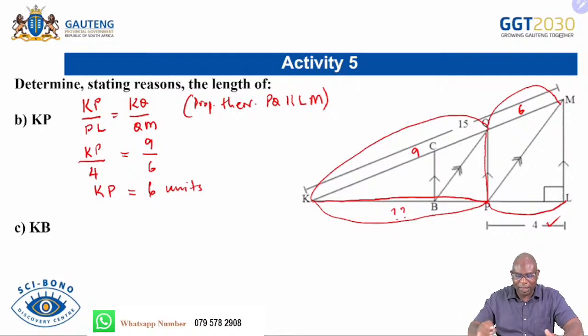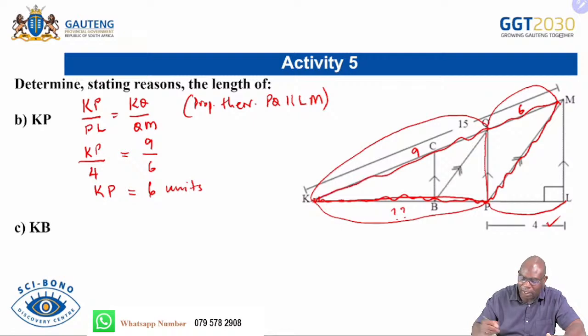Now let's check KB. Already we have KP, so which ratio am I going to use? Now I'm working in triangle KPM. I want to work in triangle KPM. See, that's the triangle that I'm going to work with. Why? I have two parallel lines, PM and BQ.